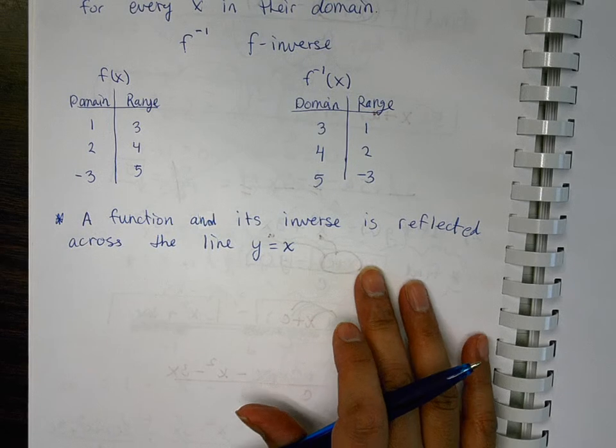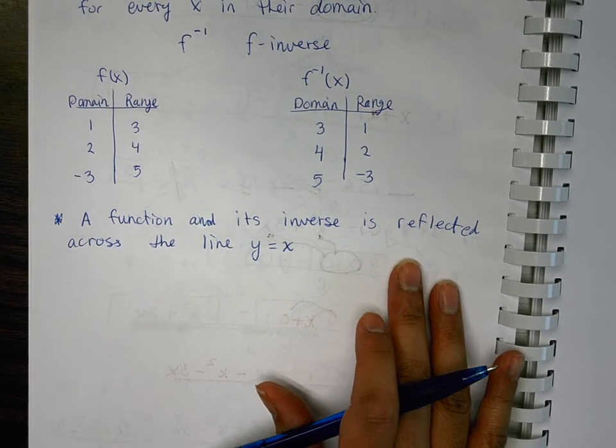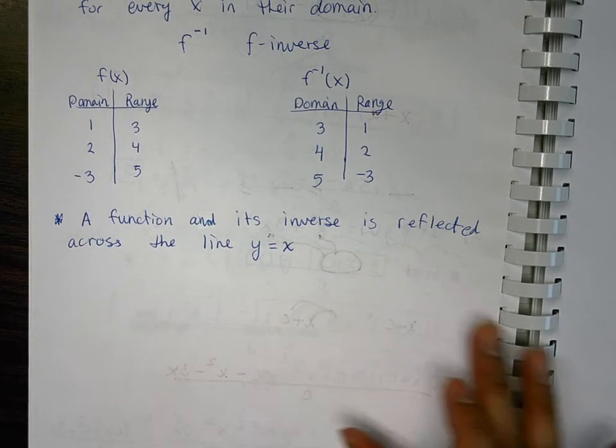Okay, and that means they're symmetrical. They're symmetrical across the line y equals x.